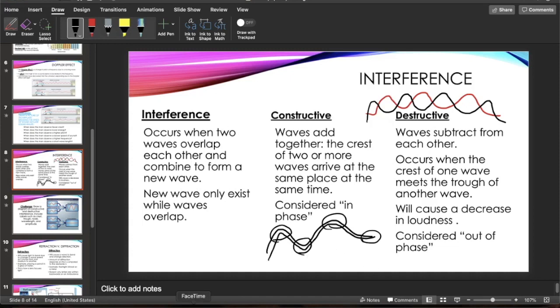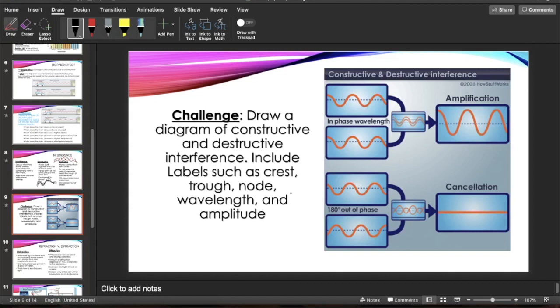Here's a little challenge question. Draw a diagram of a constructive and destructive interference. Include labels such as crest, trough, node, wavelength, and amplitude. Hopefully this will help show you guys.